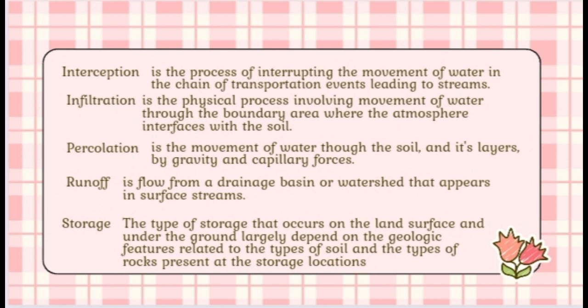Water in the zone of aeration, where air exists, is called vadose water. Water in the zone of saturation is called groundwater. For all practical purposes, all groundwater originates as surface water.